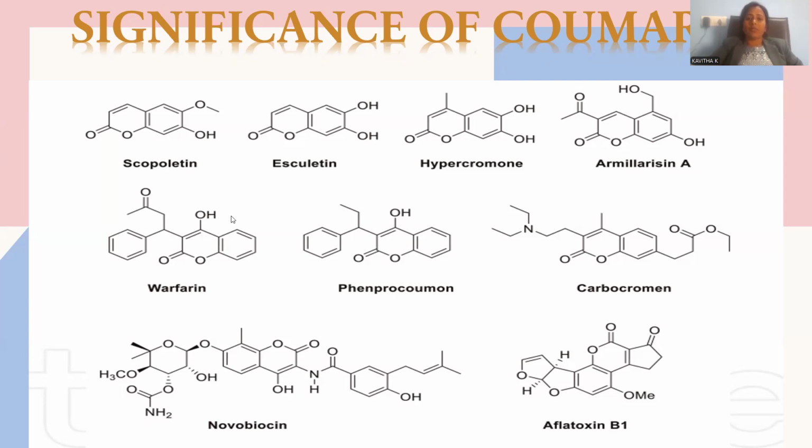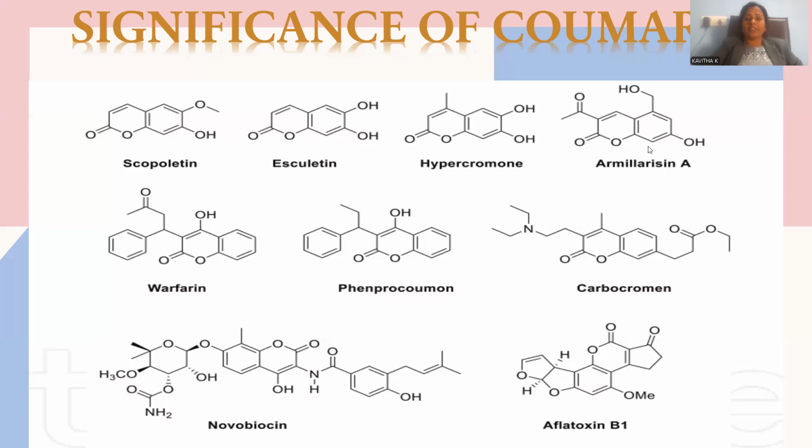That is the reason why a few compounds are showcased, which are well-known marketed compounds already in use, right? Scopoletin is one such compound. Esculetin is also present. You can clearly observe their chemical skeletons. Then hymecromone is another compound you can clearly observe.